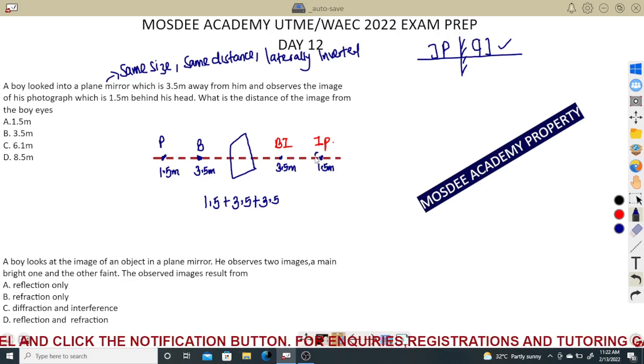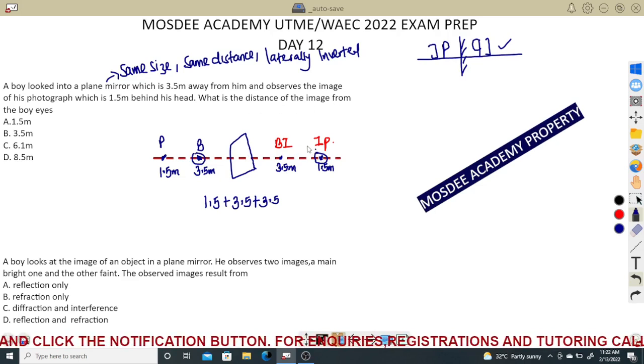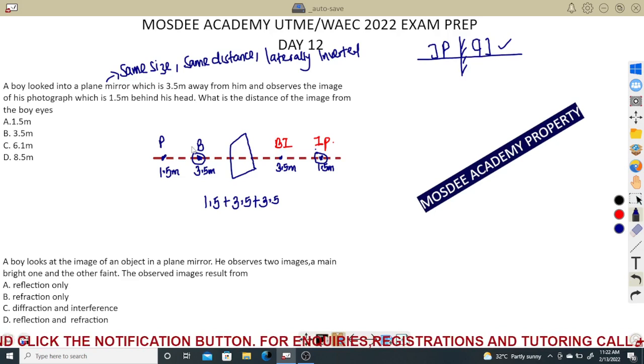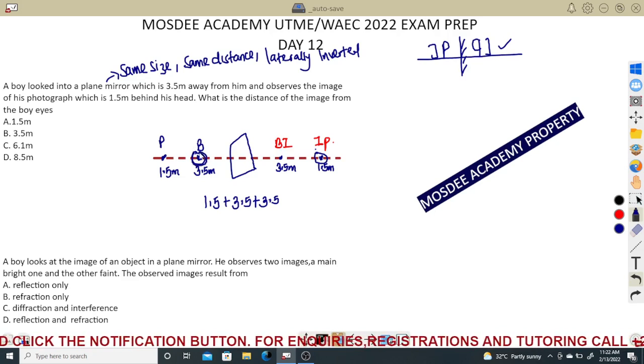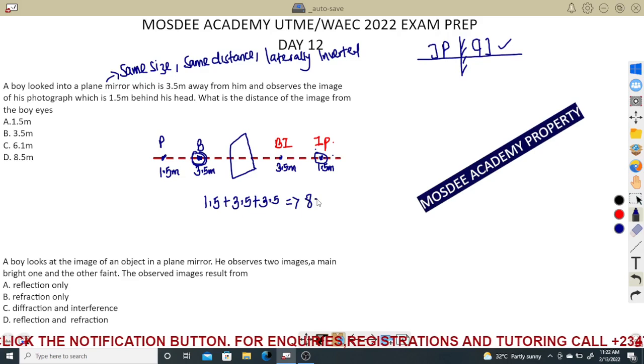I'm looking for the distance of the image from the boy's eye. This is where the boy is. So I'm looking at the distance from here. From here, 1.5 plus 3.5 plus 3.5. So the image will now be 8.5 meters.